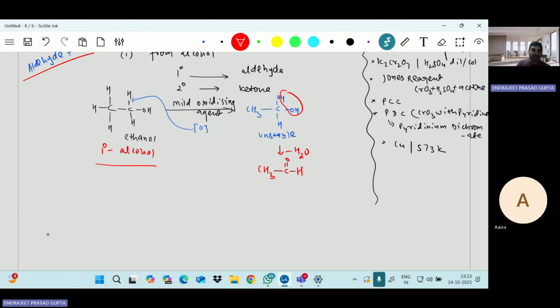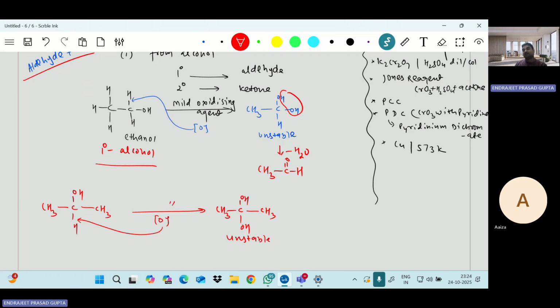If you take a secondary alcohol, CH3 CH(OH) CH3, and you take the same oxidizing agent, the oxygen will get here, so you will get CH3 C(OH)2 CH3. This becomes unstable because two OH groups cannot be present on the same carbon, so they will interact and H2O is eliminated.